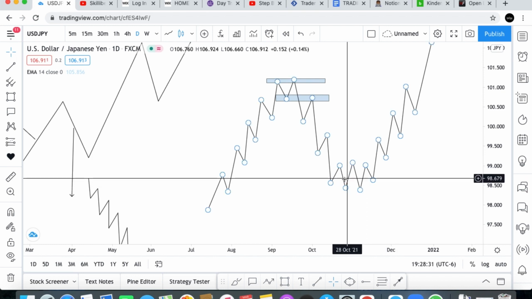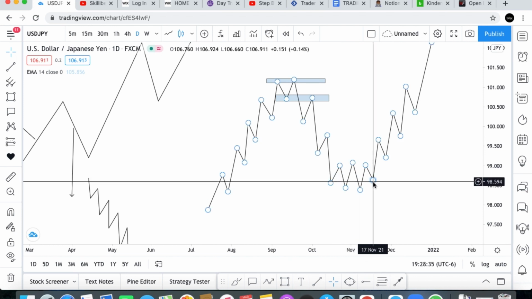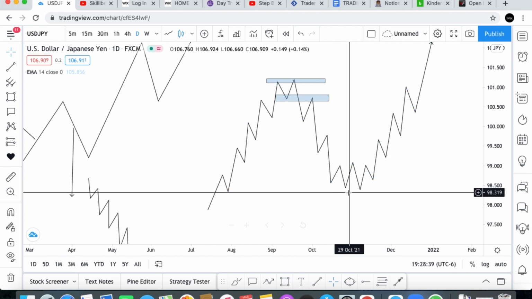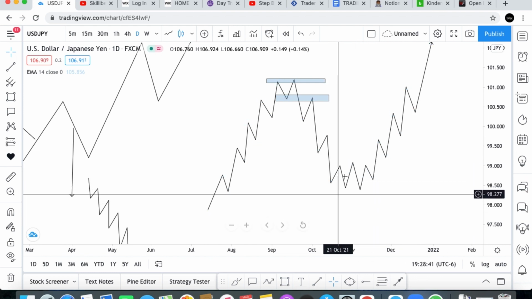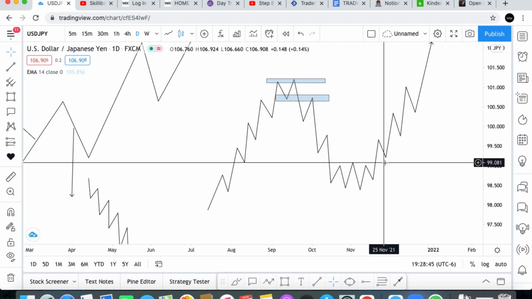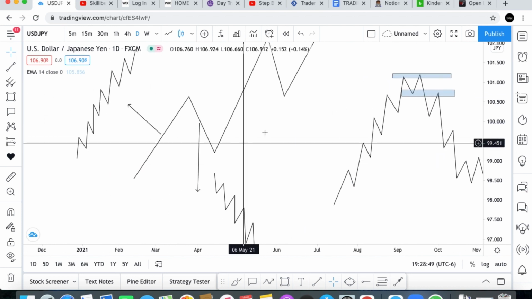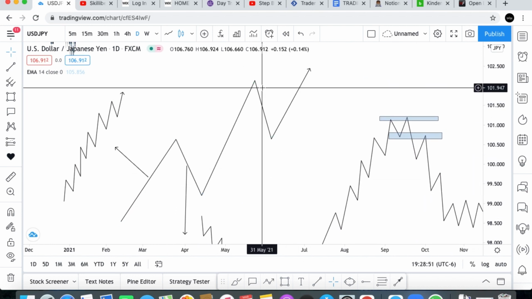You have a lot of reversal patterns: double top, double bottom, head and shoulders, triple bottom, triple top, you name them. The market will create some form of reversal pattern, and the market will consolidate and then break, retest, and then start to give you an uptrend again to form the new higher high.